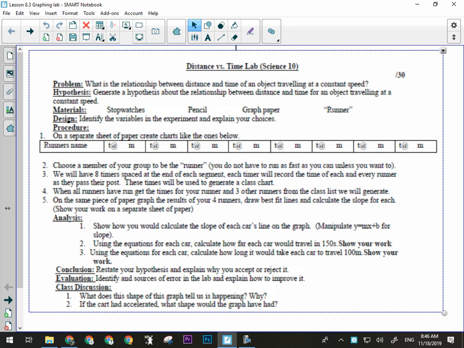So what we're looking for here is the relationship between distance or position and time for an object that travels at a constant speed. Okay, so I want you to think about what that would look like.